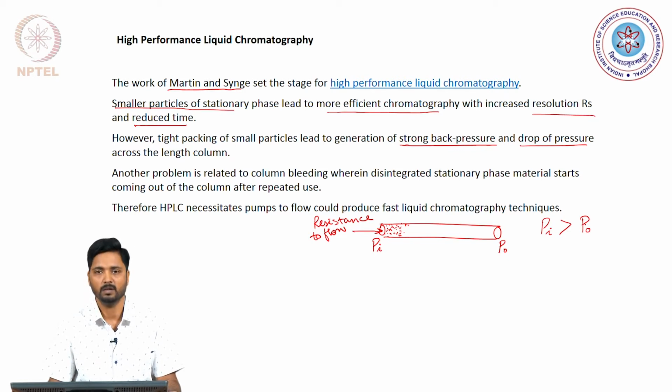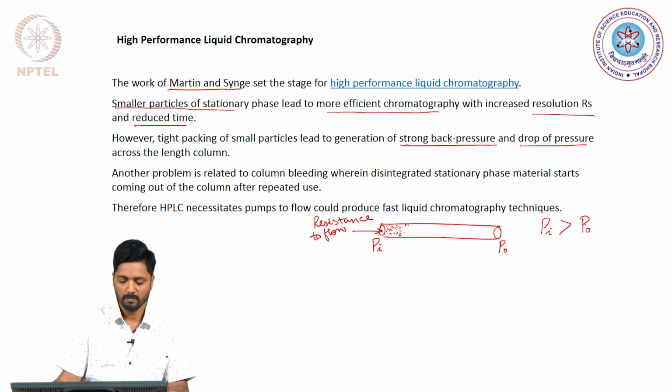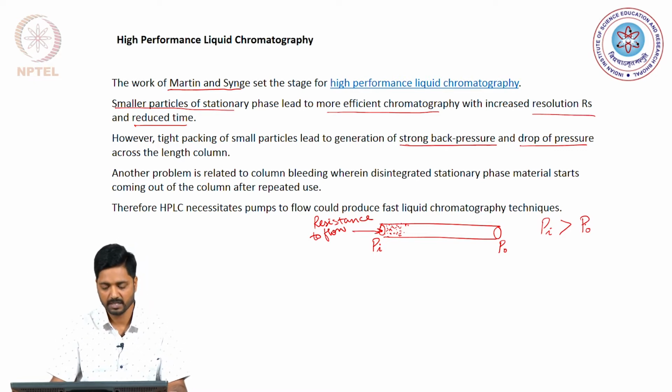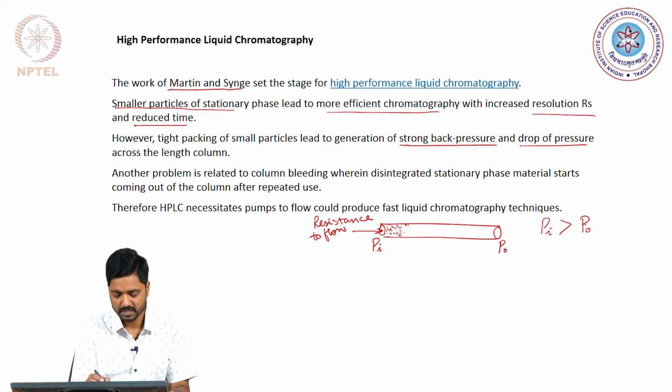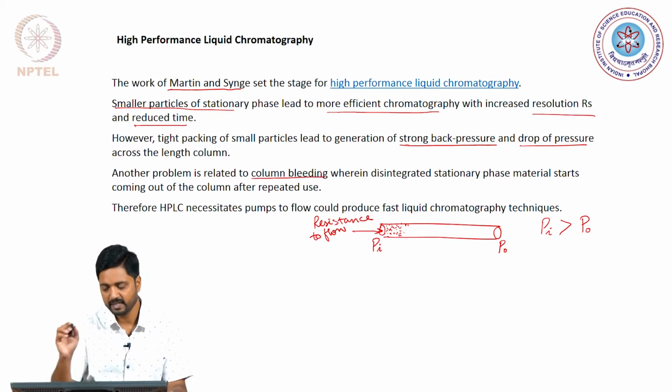Of course, we also mentioned that another significant problem with using very small particle sizes for achieving an efficient separation is that of column bleeding.